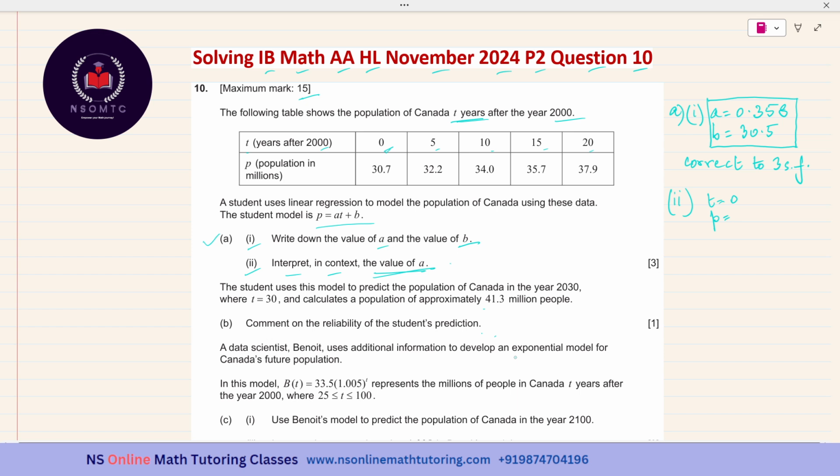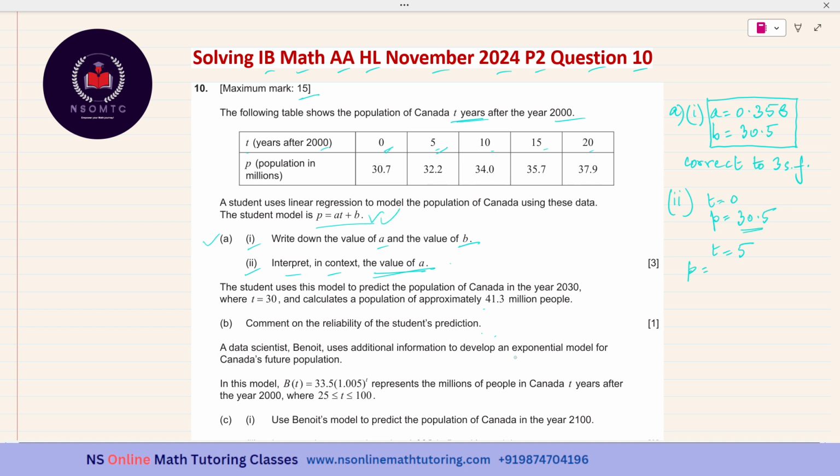So it will be just the B value, 30.5 millions. Now they have come straight to 5 years. So I'm writing t equal to 5. What will be the corresponding population? It will be 30.5 plus B is there every time.